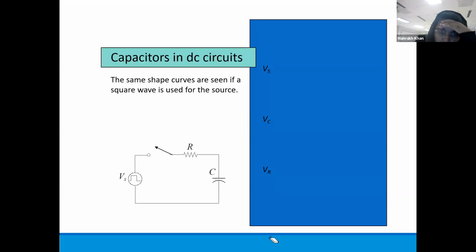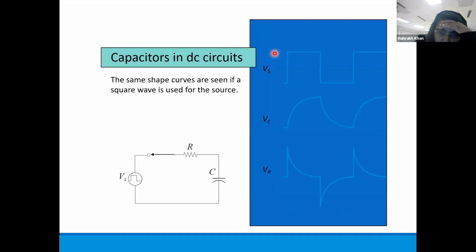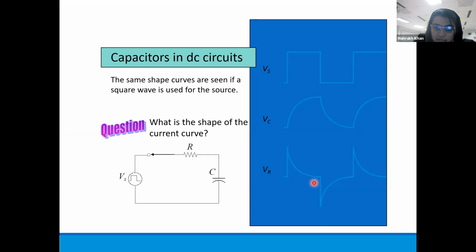And if you look at the charging scenario of the capacitor, this will be the input source voltage, this will be the charging voltage, and this will be the voltage across the resistor. So what is the shape of the current curve? The shape of the current curve will be the same as the shape of the voltage curve.